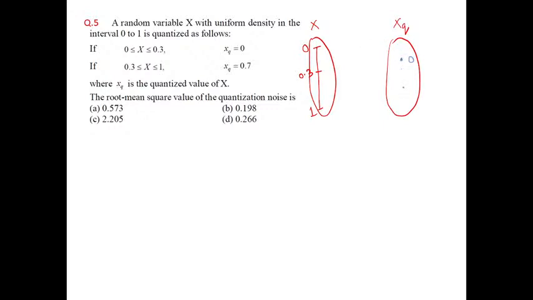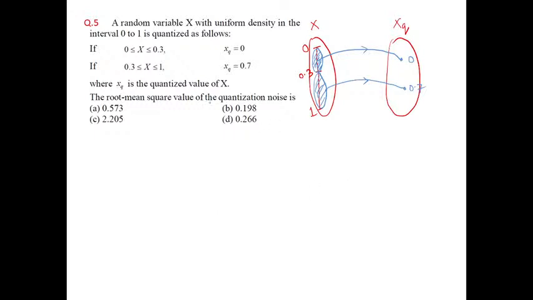One is 0, other one is 0.7. Now if values of x lie between 0 and 0.3, they are mapped to xq equal to 0, and if the values lie between 0.3 and 1, then they are mapped to xq equal to 0.7.